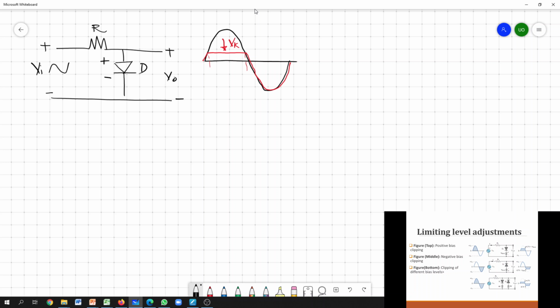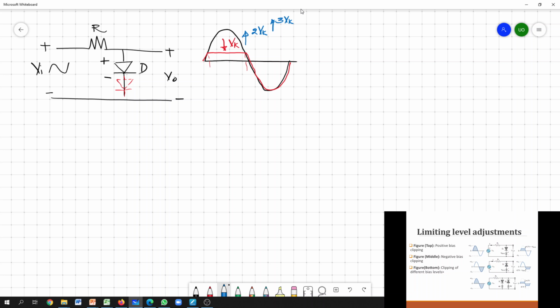So then we built the argument that once you introduce another diode like this, the clipping point moves up to 2 times Vk. If you add another diode in series, it moves to 3 times Vk.